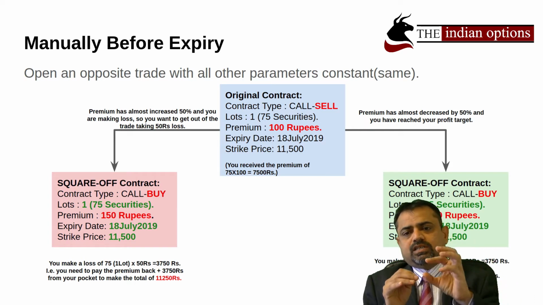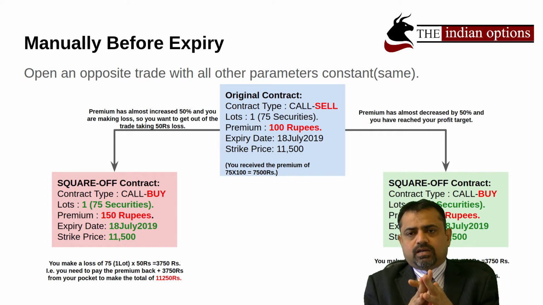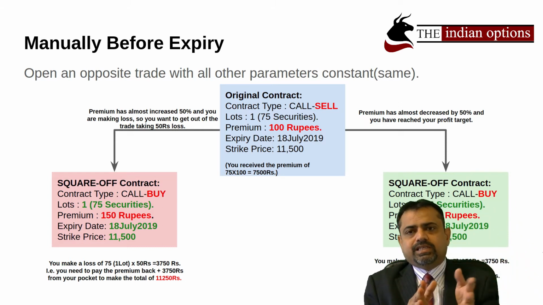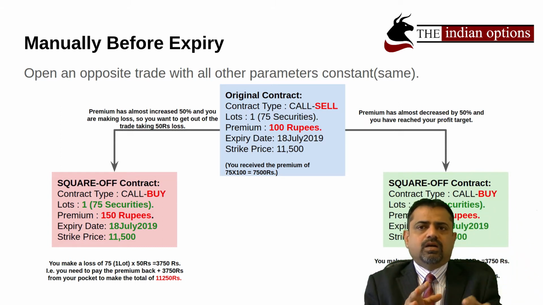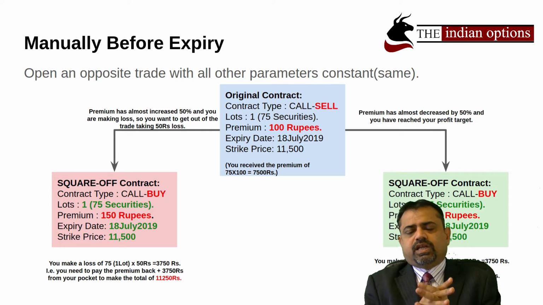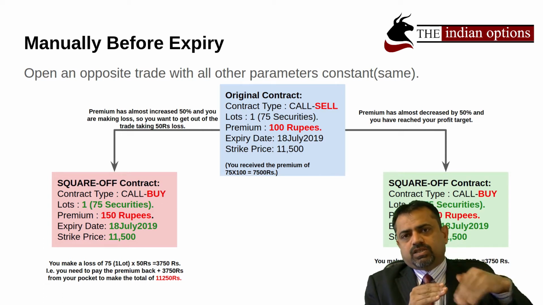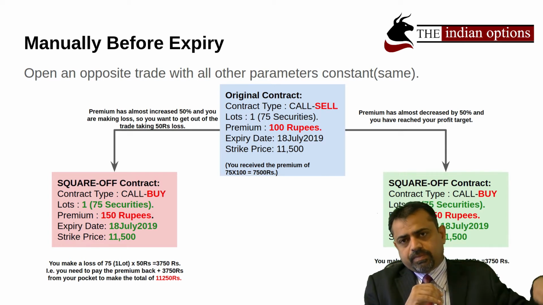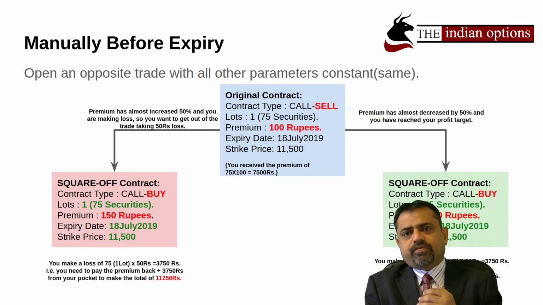Since this is a call sell kind of contract, if the premium increases, you are going to make a loss. In the pink color box, I have taken the example that the premium has reached 150. You sold it at 100 and now the premium has reached 150, which means you are making a 50 rupees loss.